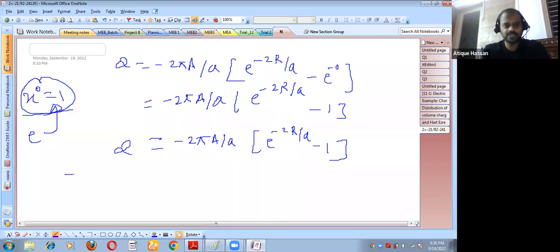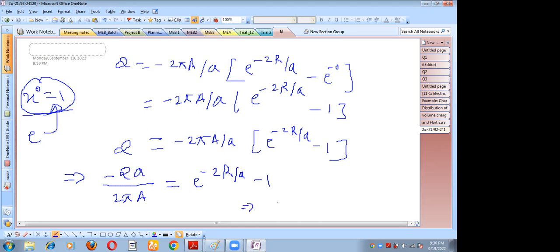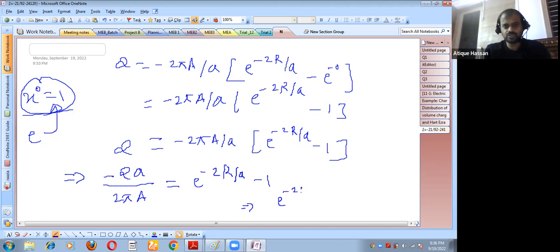How to find it? All your mathematics concepts will be revised here. So it is 2π a like this, so we got minus 2R by a minus 1, right? Yes, sir. So from here you will get e to the power minus 2R by a minus 1 is equal to, again the same thing.